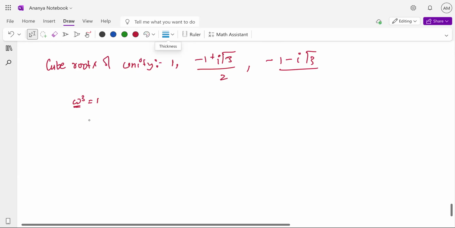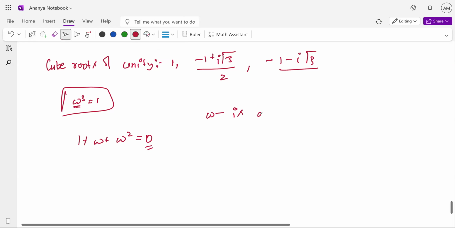Okay, so this can be written as 1 plus omega plus omega square equals 0. We can write that, right? Here omega is one of the imaginary roots. Basically, we have that equation.